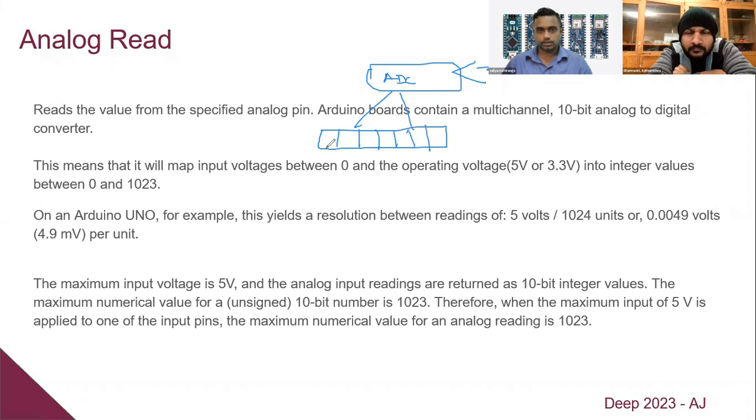Now you can read these bits and convert them into a voltage using code. It's not exactly the value, but you can read this binary and convert it into a voltage. That's what ADC does.